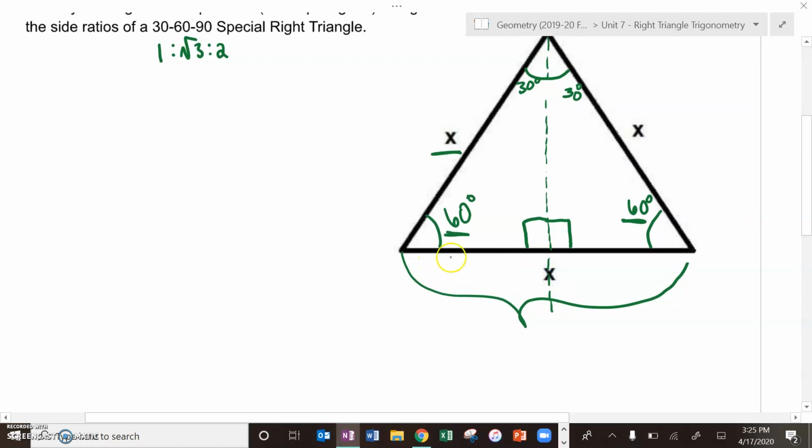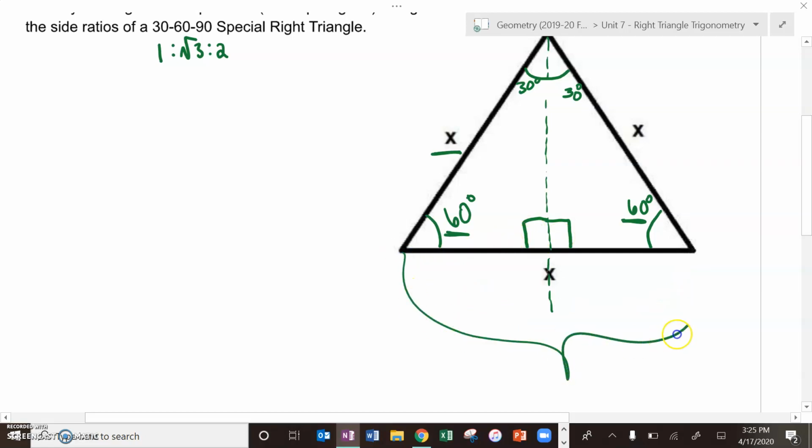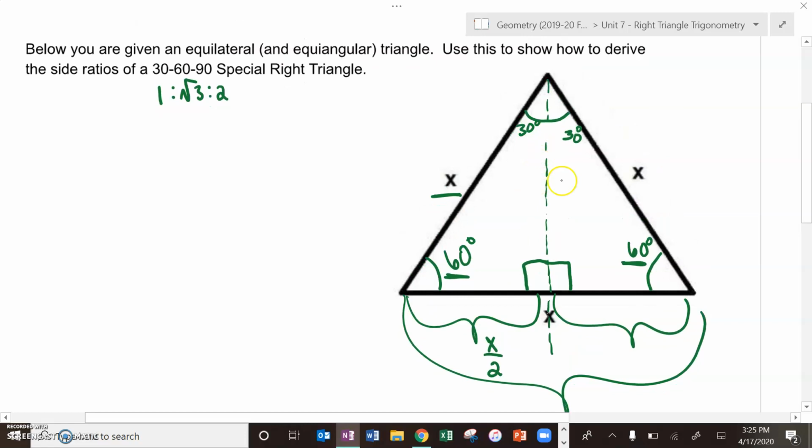So we now have two mini sides, and they're going to be both x over 2, because it's half of x. So we just need our last side, which is the altitude right here.